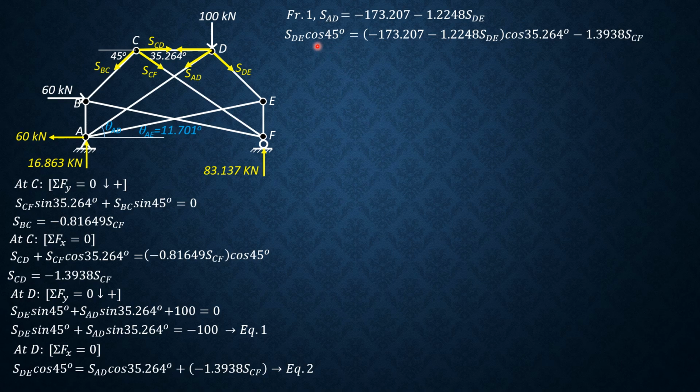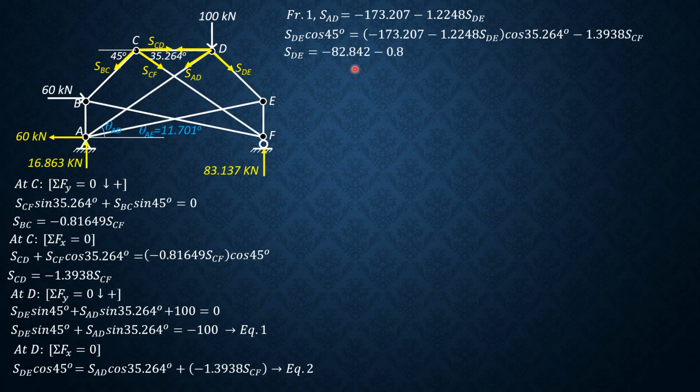So we can now express SDE in terms of SCF. So negative 173.207 divided by quantity cosine 45 plus 1.2248 cosine 35.264.